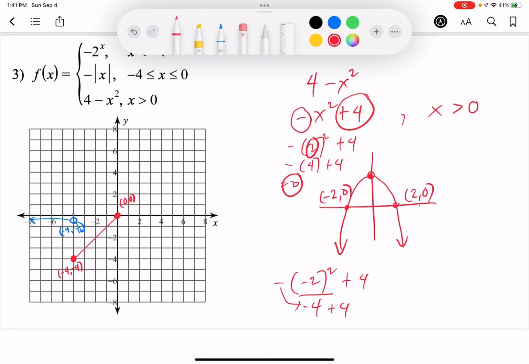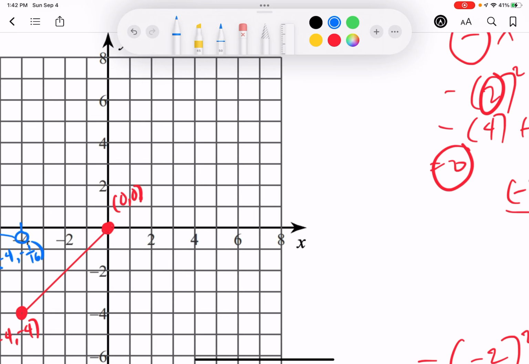Pero dahil sabi ng condition, i-graph mo lang daw siya sa greater than 0, yun ang ating susundin. Okay? So, yung first point ay 0, 4. Nasa 0, 4 siya. Kasi y-intercept yun. If x is 0, y is 4. Diba? So, 0, 4. Gamit tayo ng ibang kulay uli. Gamit tayo ng hollowed or solid.